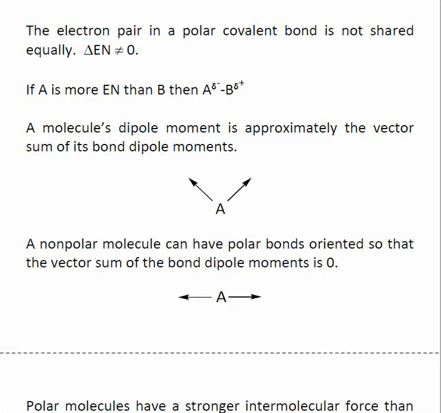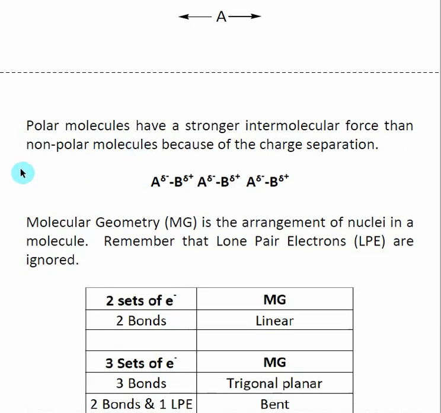When we do have a polar molecule, polar molecules tend to have a stronger intermolecular force than nonpolar molecules. This is because of the charge separation we're talking about. Each molecule inside of my substance has a slight negative and a slight positive charge. So the positive charge from one side of the molecule can interact with the slight negative charge on a different molecule.